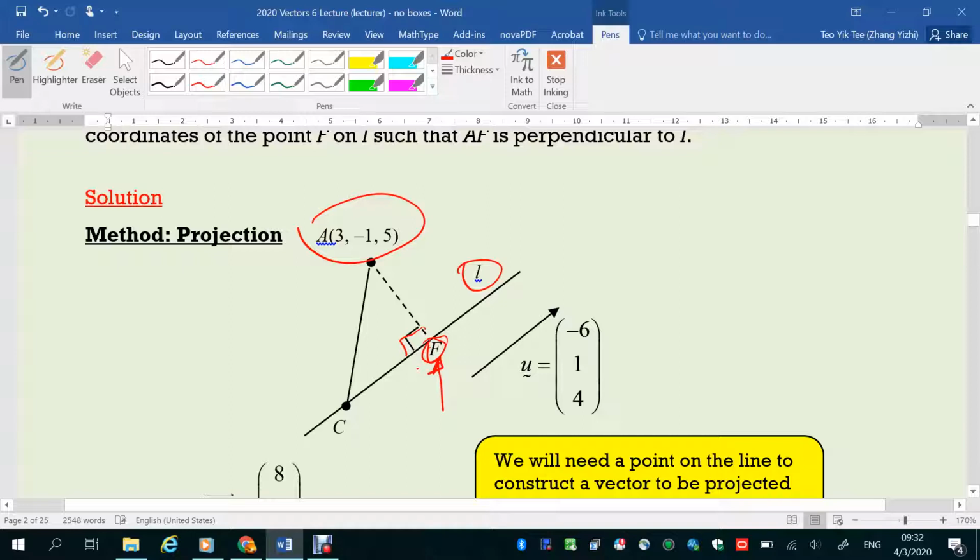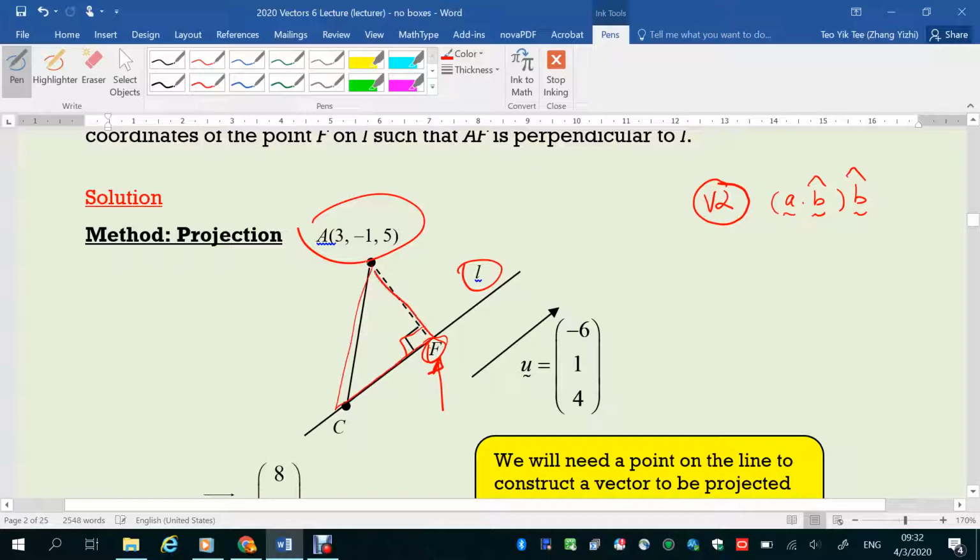So the first method is what we call the projection method. I need you to recall your chapter 2 projection formula. The formula for projection is (A dot B hat) B hat. Referring to this diagram, look at this triangle down here.